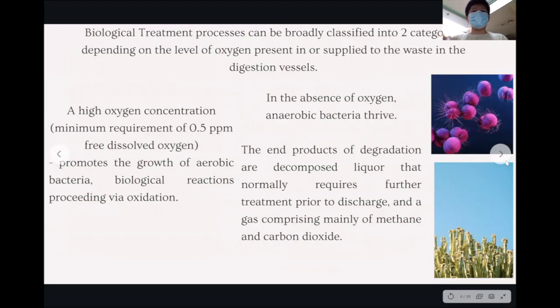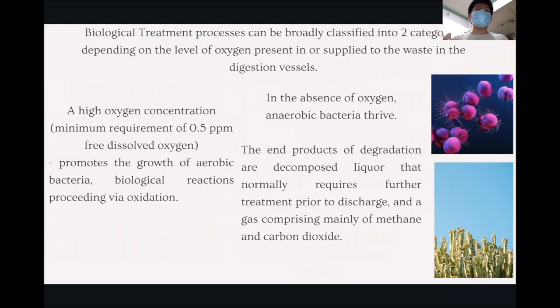To get further into the details of what aerobic and anaerobic can do in biological treatment, it can be broadly classified into two categories, depending on the level of oxygen present in or supplied to the waste in the digestion vessels. The first one is high oxygen concentration, with a minimum requirement of 0.5 ppm free dissolved oxygen.